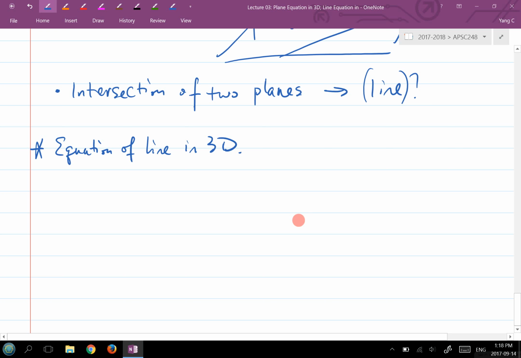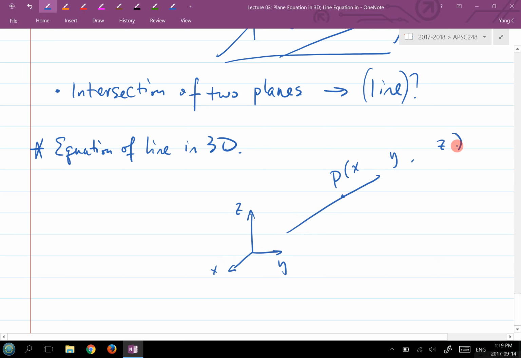Okay, so let's start off by just drawing a line in 3D space. And then I'm going to pick a point on the line right here. So I'll call it x, y, z.